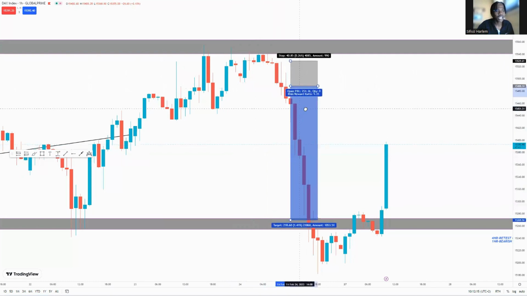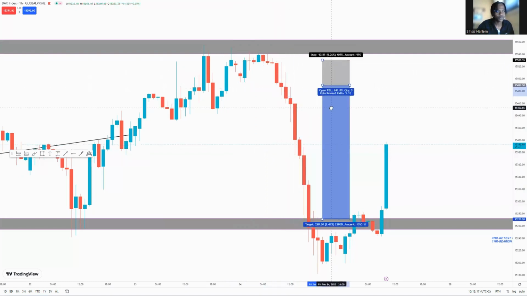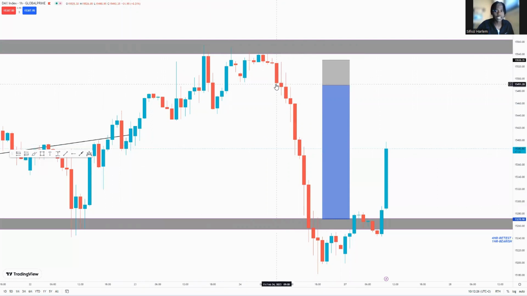So when I saw that our pre-London candlestick closed fully bearish, the only thing I was looking for was a continuation or a reversal to the downside, because I had enough confluence for why I had to take short or sell trades, right?